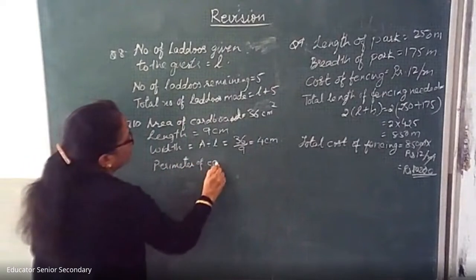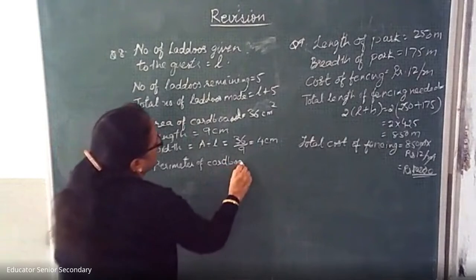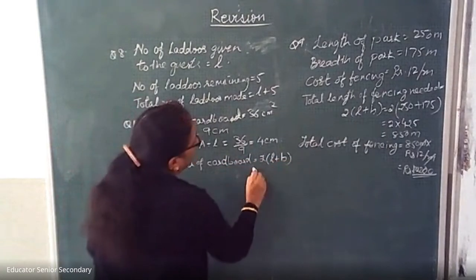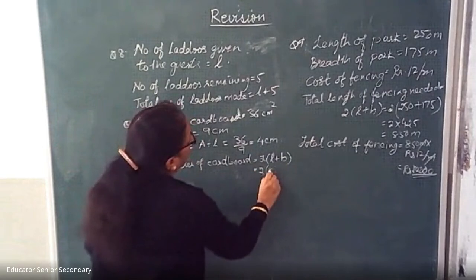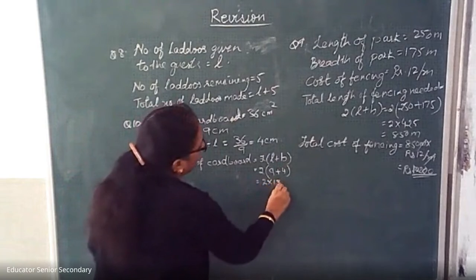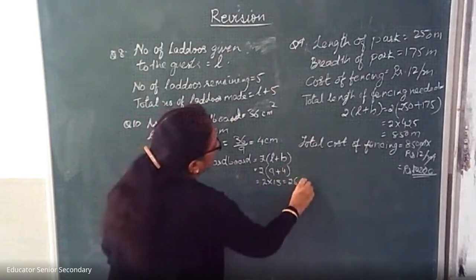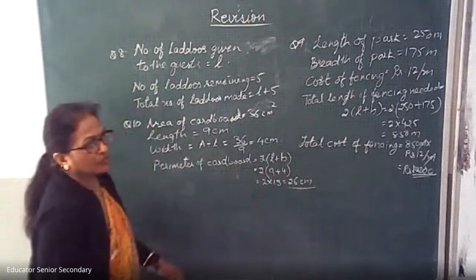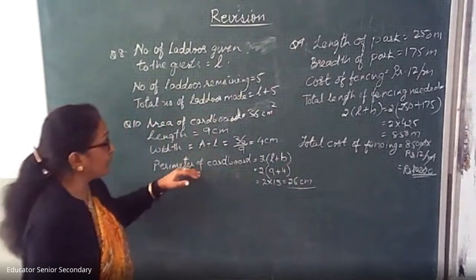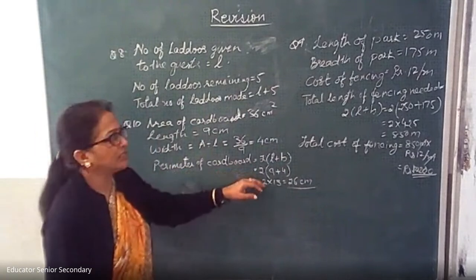Perimeter of cardboard is equal to twice L plus B. That is 2 into (9 plus 4). That is 2 into 13, which is equal to 26 centimeter. So the total perimeter of the cardboard is 26 centimeter.